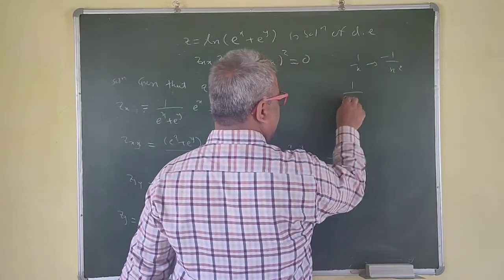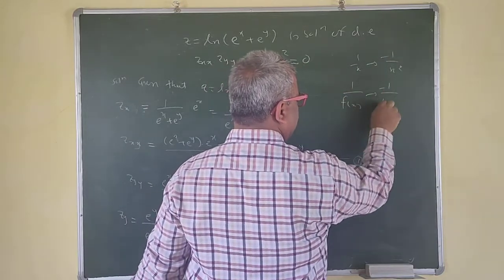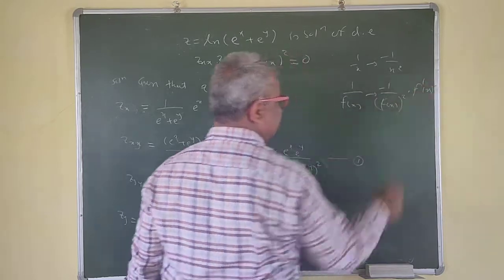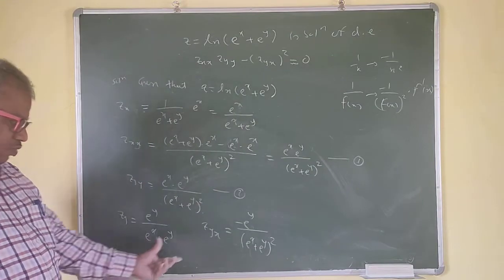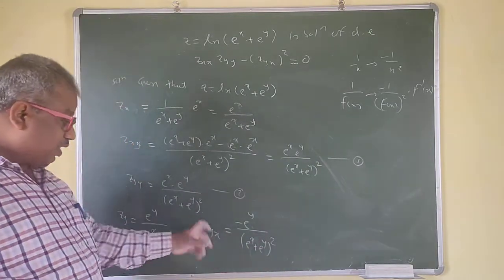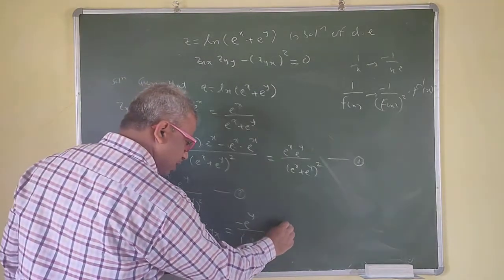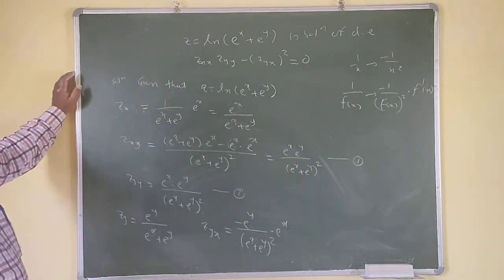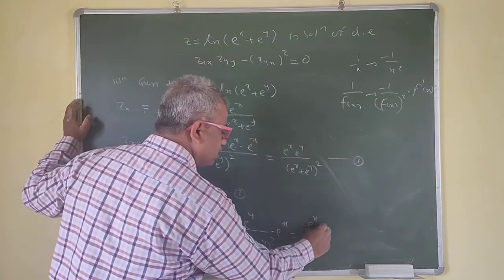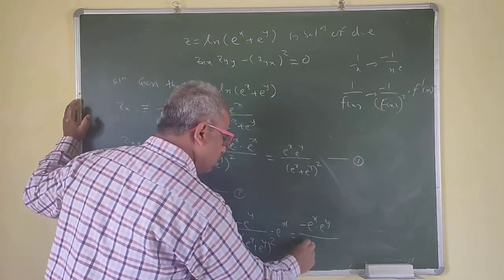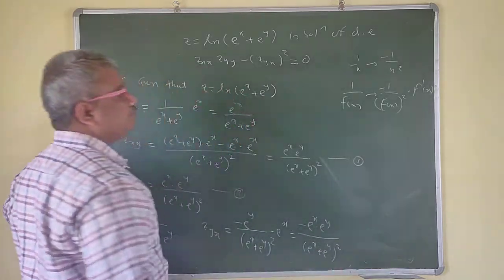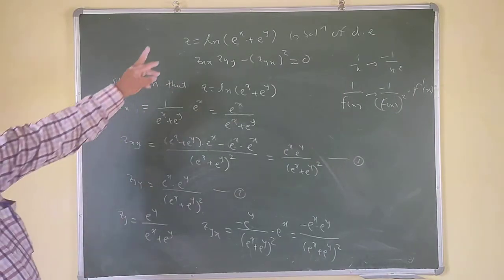But the derivative of 1 upon f of x is minus 1 upon f of x whole square into f dash x, into the derivative of something. So the derivative of e raised to x plus e raised to y with respect to x is e raised to x. So this is equal to minus e raised to x, e raised to y upon (e raised to x plus e raised to y) whole square.